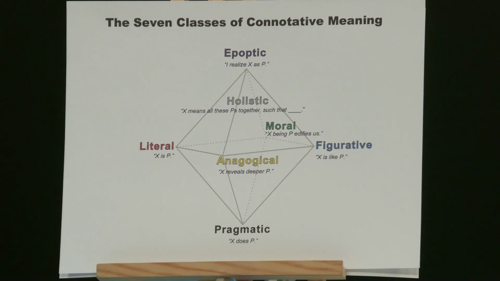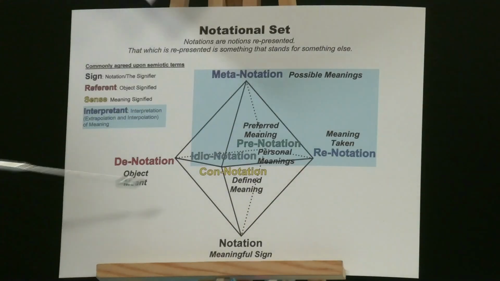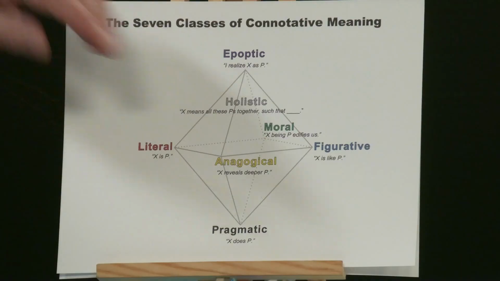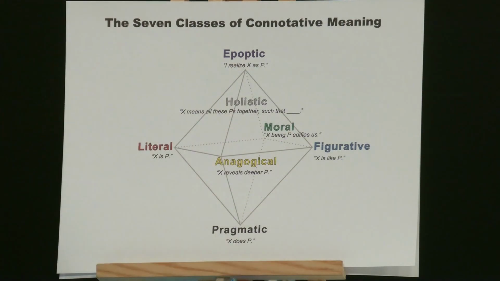And there are the various meanings that are all involved. However, when we drill down just into the connotative meaning, we find that that has these various, from the holistic right down to the pragmatic, which is a pragmatic meaning for anything is if it works. X does such and such, right?